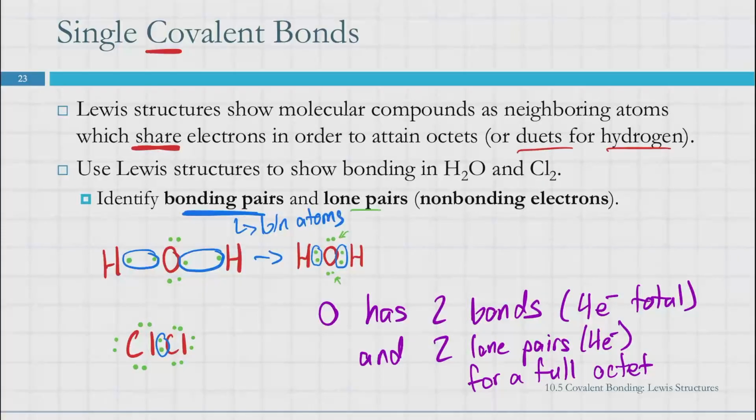We could also just count, right, the number of dots that we have around our oxygen, which is 8. And the same idea applies for our chlorines. They've got 3 lone pairs each, and then another bonding pair in the single bond. We are often, though, going to show this instead as the Cls next to each other and replace the bond with a line so that we've got fewer dots.